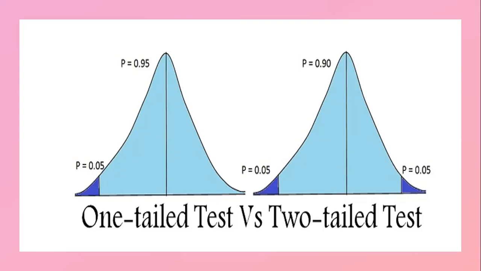So you need to be very careful while checking the table value. The first thing you need to identify is whether it is a one-tailed test or a two-tailed test. If you look at the distribution table, there are different values for one-tailed and two-tailed tests. If you do not follow that, then your decision rules will be wrong. So that is a basic criterion in one-tailed and two-tailed tests.